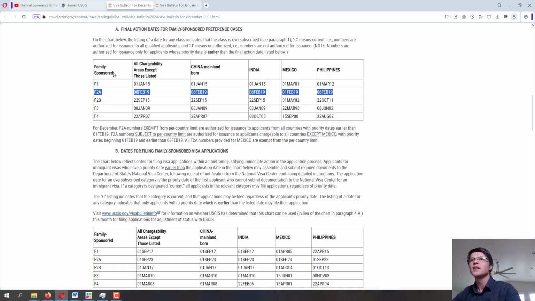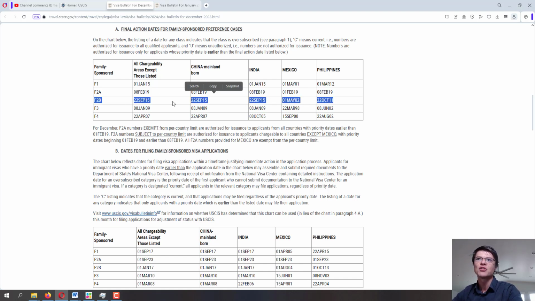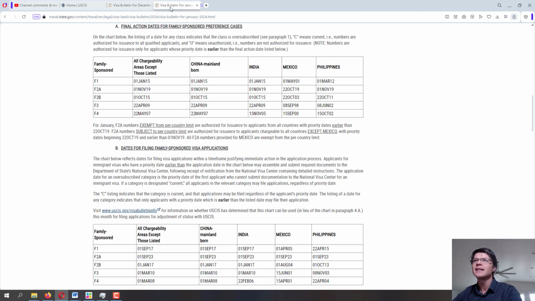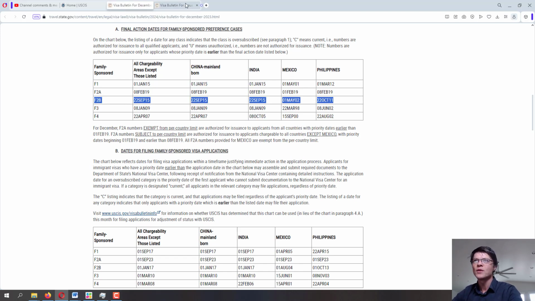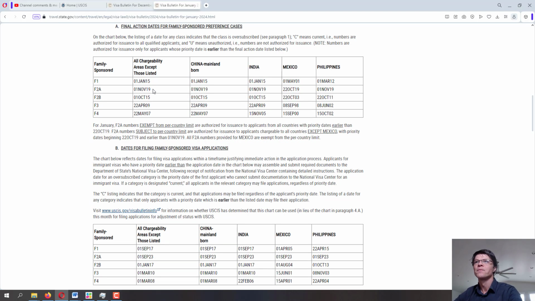Okay, so let's move on to the F2B and see if there is any movement for the F2B. This is December 2023 right now that I'm highlighting. So let's switch to January 2024. And as you can see, there is a movement, not anything crazy, not anything significant. We moved from 22nd September 2015 to 1st October 2015.